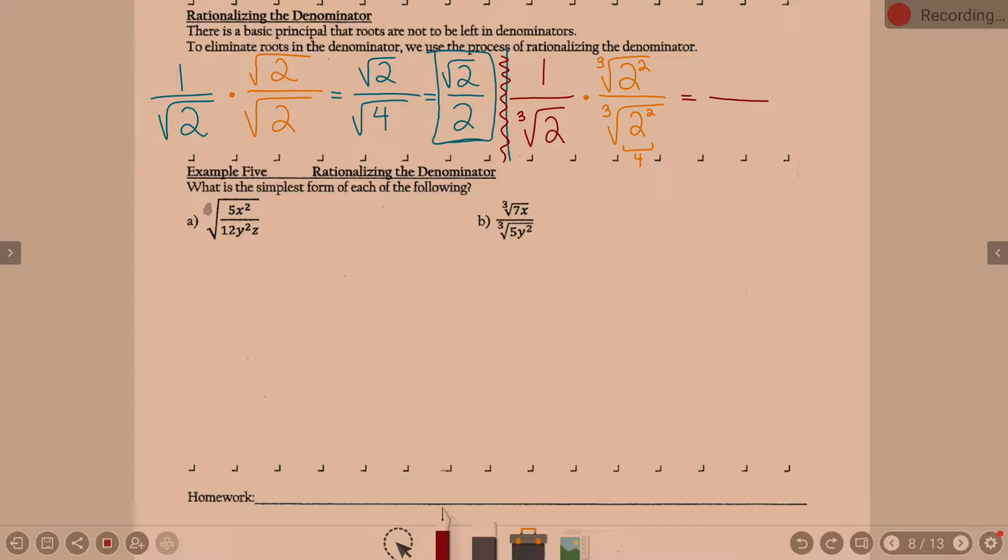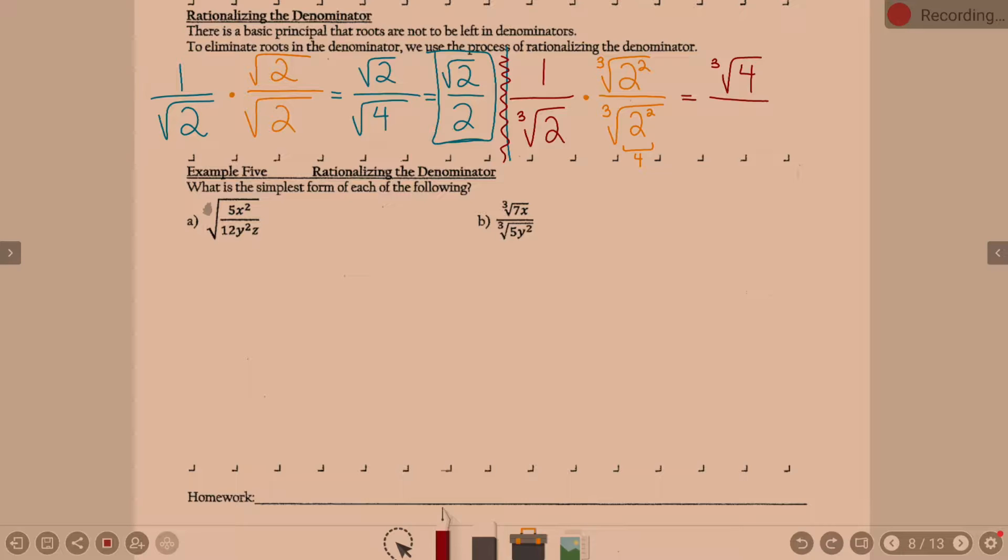On top, what is 1 times the cube root of 2 squared? Cube root of 2 squared, or I'm actually going to say at this point cube root of 4, because that's what I would express in my answer. Denominator. Cube root of 2 times cube root of 2 squared.